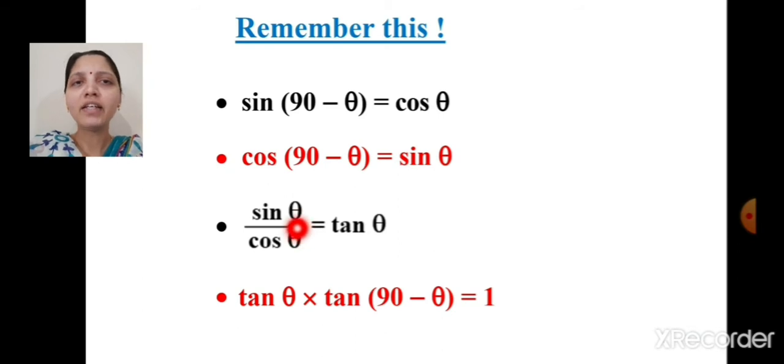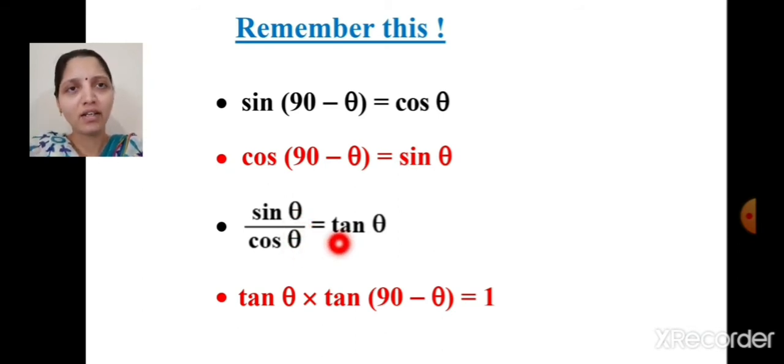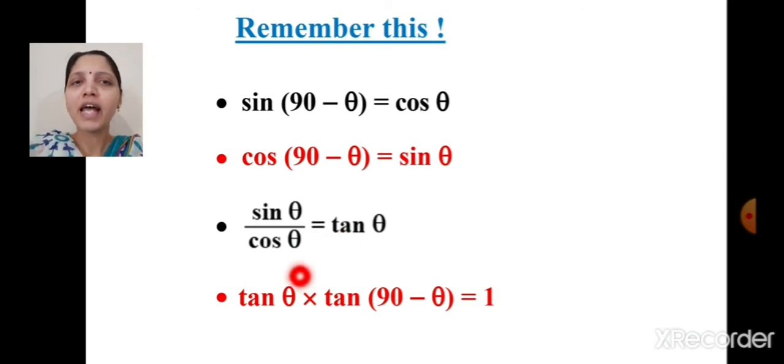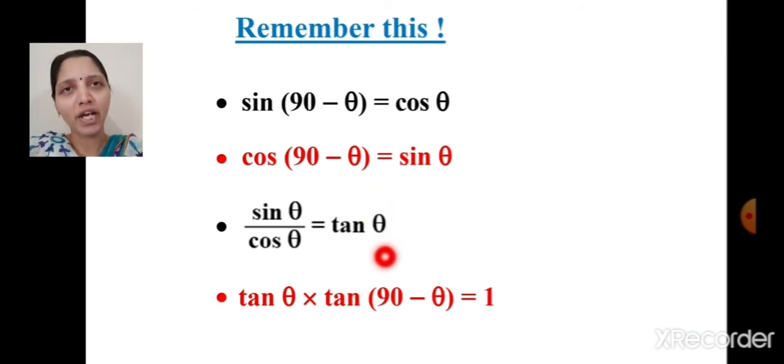Similarly, sine theta upon cos theta is equal to tan theta. Okay. Then tan theta into tan of 90 minus theta is equal to 1. And we know that here theta is an acute angle. Okay. So these are the 4 important formulae you have to remember.